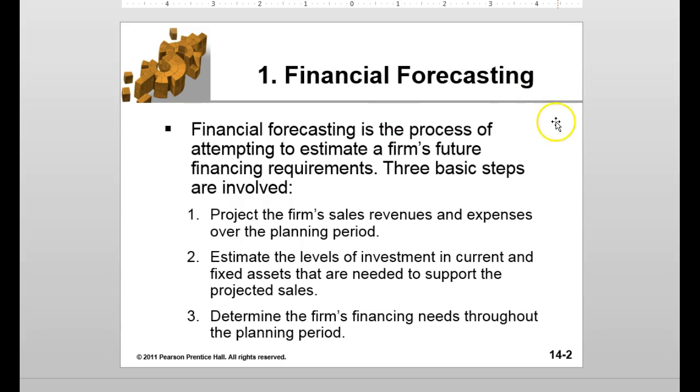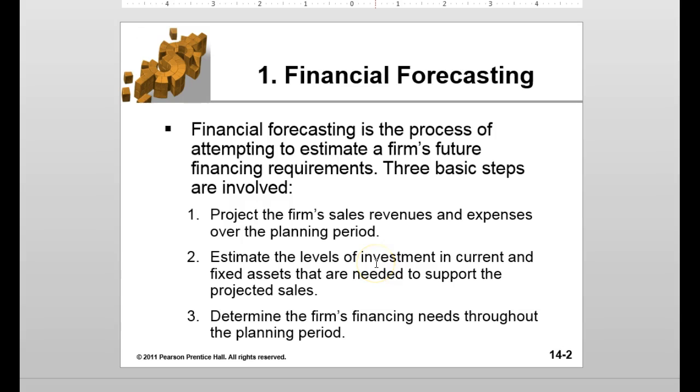Why would we want to do this? Well, you're trying to figure out what the firm's future financial requirements are. Now, we know nothing stays static, so we want to grow, and we're going to predict what that growth is going to be. So we're going to project the firm's sales and revenues and expenses over a period of time.